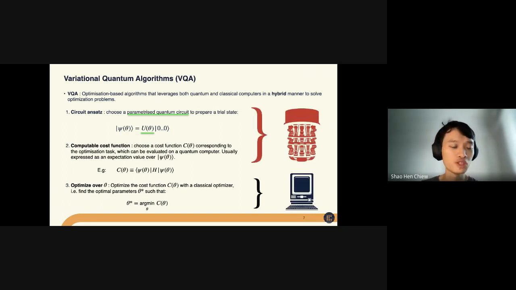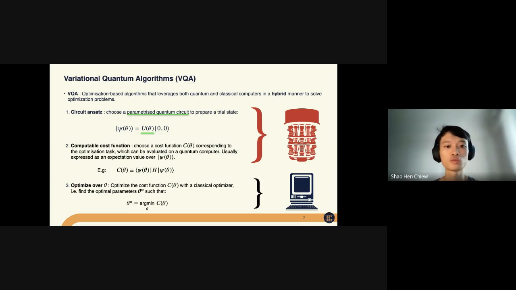If we look at these three components, we see that the first and the second components are related to the quantum computer. We need a quantum computer to actually run the quantum circuit U theta to prepare the parameterized ansatz state.